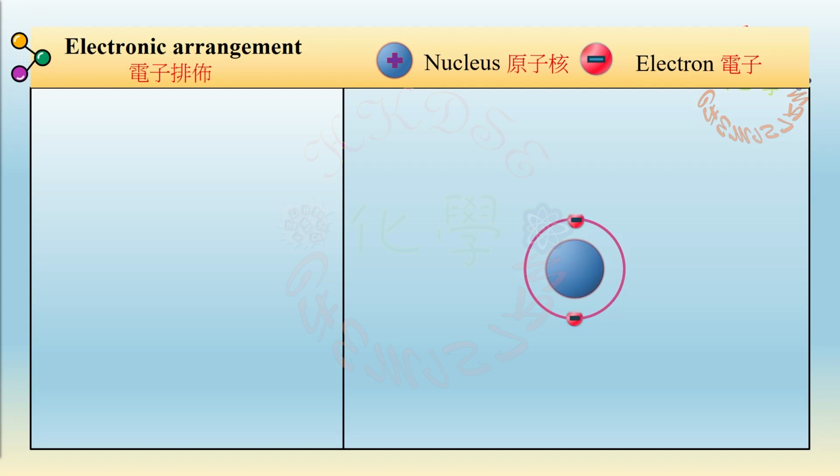We use a dot or a cross to represent each electron, and we will represent the nucleus with the chemical symbol. Each electron in an atom is in a particular shell, and the electrons must occupy the lowest available shell, such as the first shell nearest the nucleus. The first shell can hold 2 electrons.